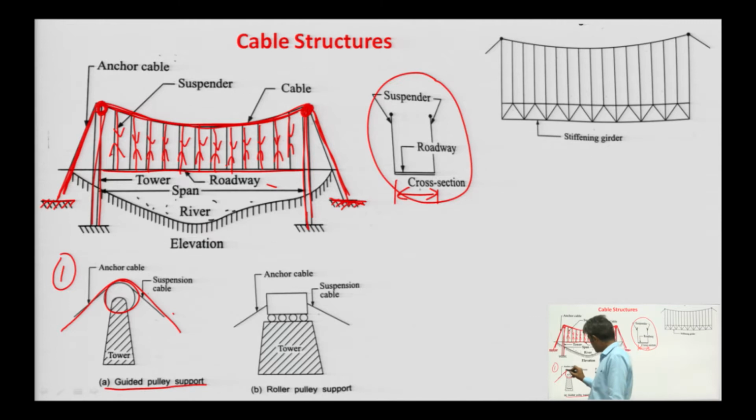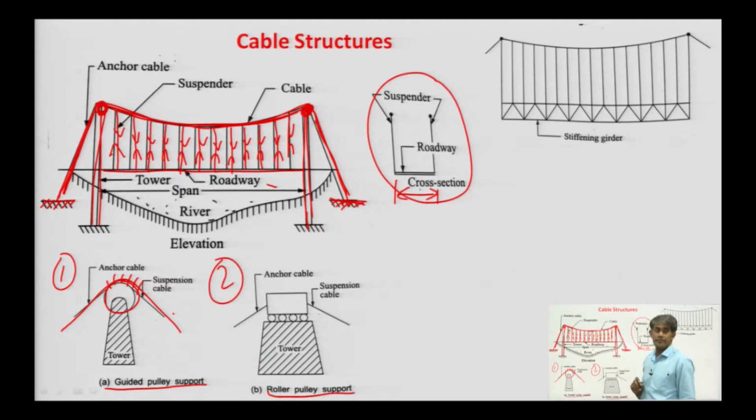This pulley may have certain friction, may be frictionless, that will depend upon the type of the pulley and the friction. Another possibility may be this one, that is roller pulley support.